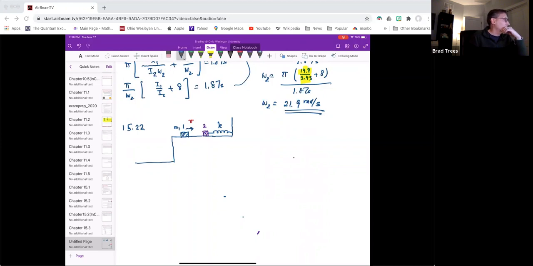After the collision, block 2 oscillates in simple harmonic motion with a period of 0.14 seconds, and block 1 slides off the opposite end of the elevated surface, landing a distance d from the base of that surface after falling height h. And they give me h. What is the value of d?